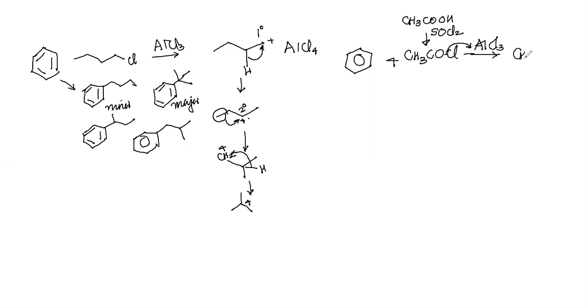You will get CH3 C double bond O with a positive charge. This can be resonance stabilized. See here, there are two lone pairs of electrons. And this is what is called an acylium ion, with positive charge on the oxygen.